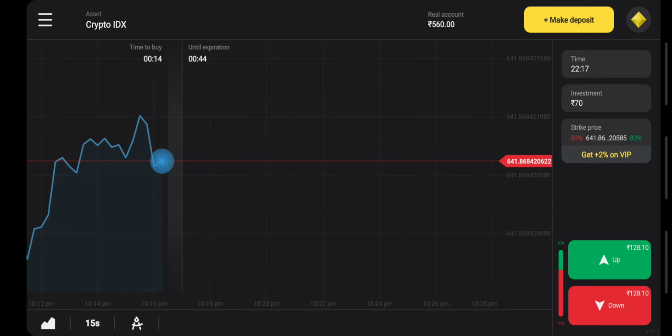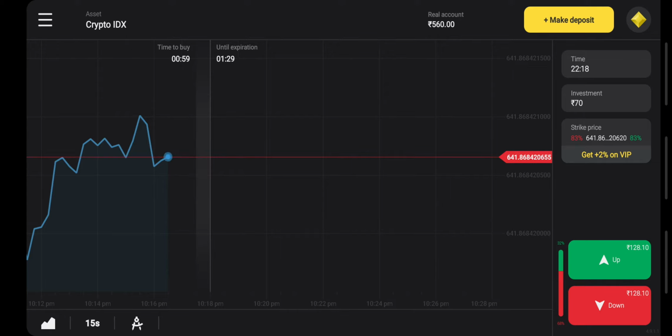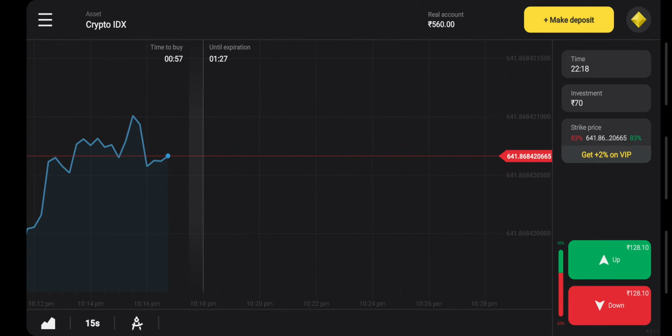Once that time expires, it will decide whether your prediction is correct or not. If your prediction is correct, then as you can see on the right bottom, on the up and down arrow, you can see 128.10. That means you invest 70 rupees and you get 128.10.